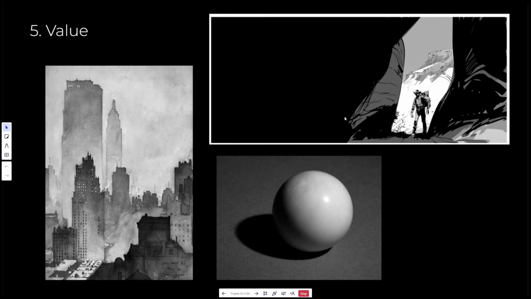Okay, value. Value is an interesting part of our world, because we're going from dark to bright, and that helps us do all kinds of things, like depicting form, handling shapes, showing depth. There's many things that value is used for.